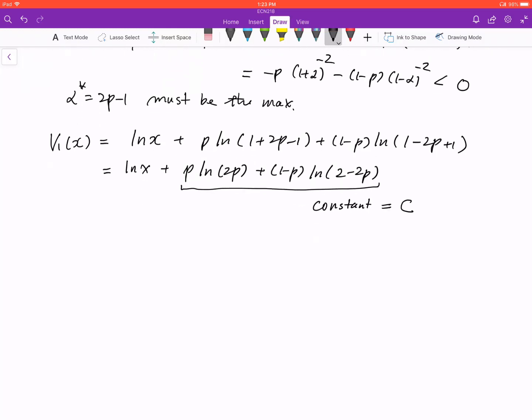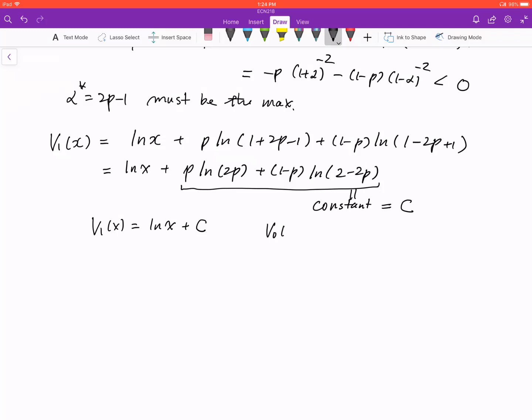So what we have over here is that v1 of x is equal to log x plus some constant c, which is specified over here. We call this constant c. And this is another afterthought, because you will see to carry this big constant around in the computation is kind of difficult and messy. So we just look at this one over here, then it's clean.